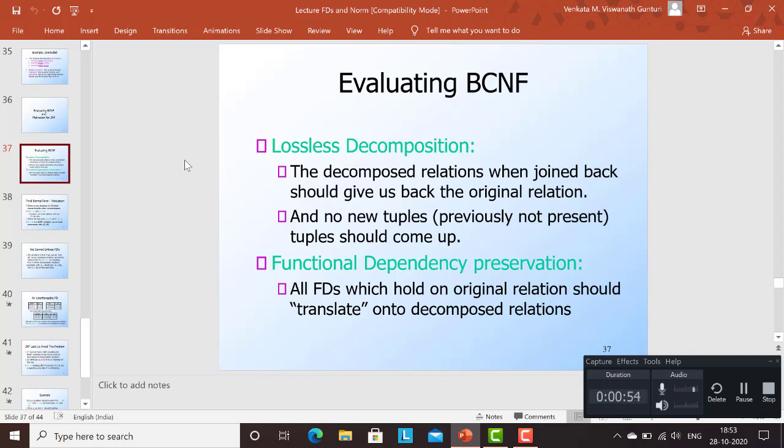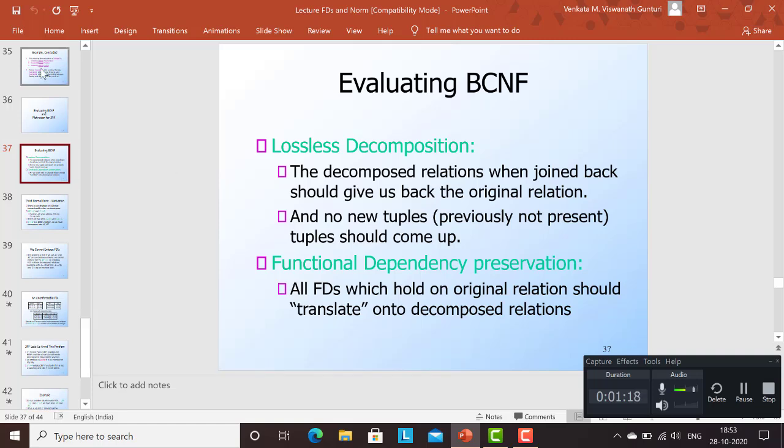preservation, right? So in lossless decomposition, what we require is that if we were to join back the decomposed relations, we should get back the original relation, and there should be no new tuples. That means data should neither be destroyed nor new data be created, right?